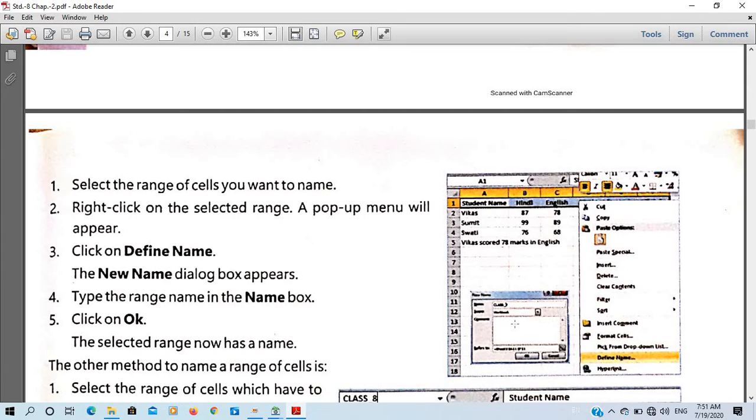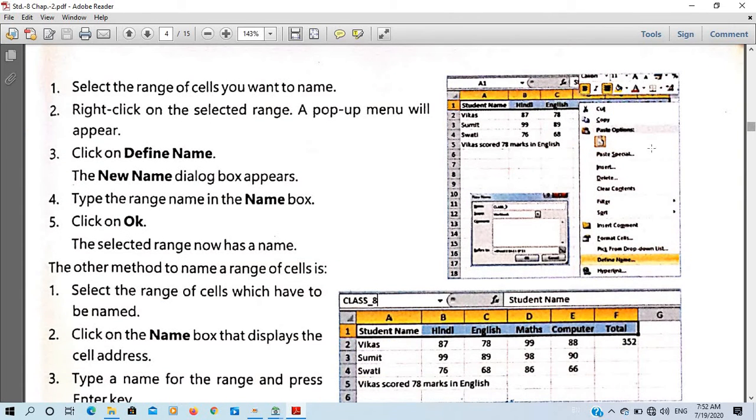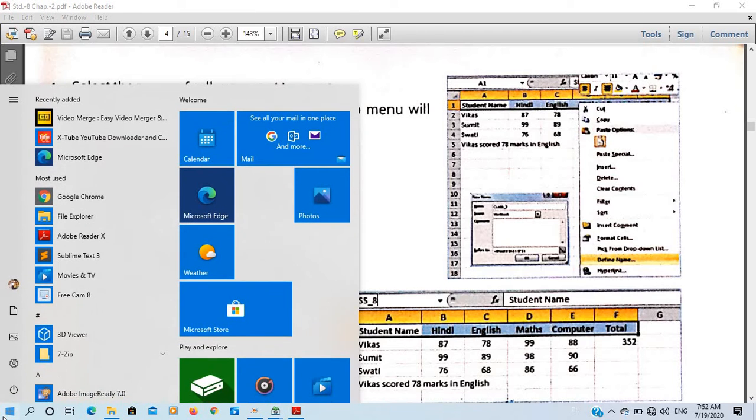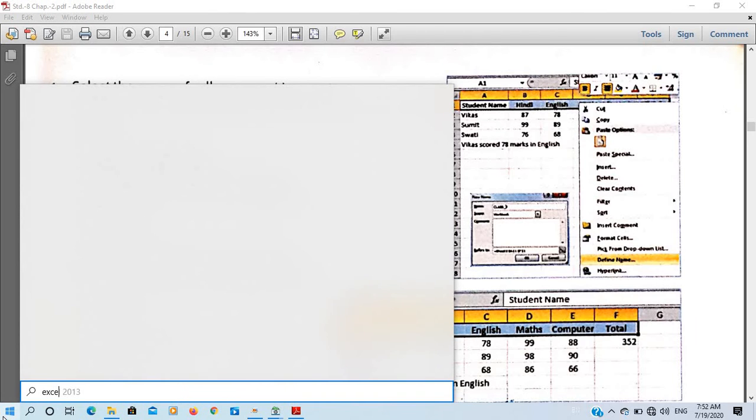Then click OK, and the name is given. There is another way of naming this. I am starting Excel to explain it in a practical way.